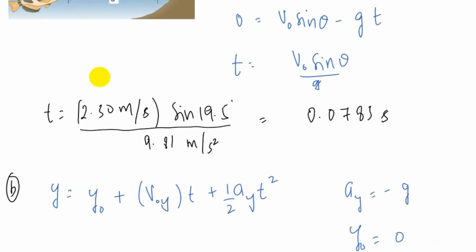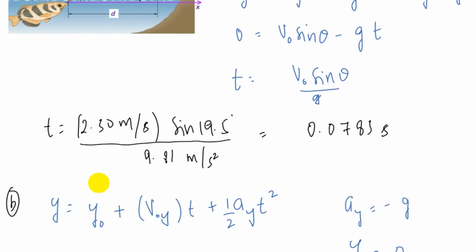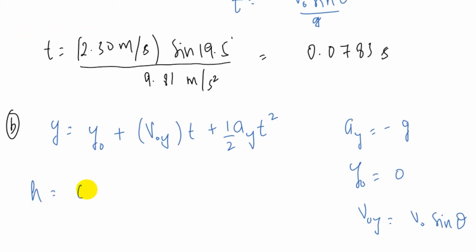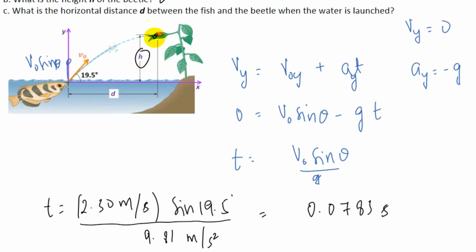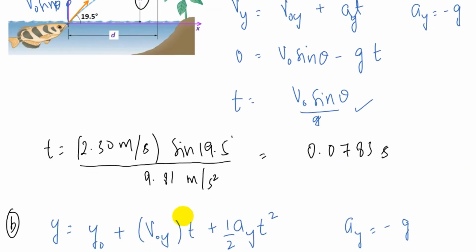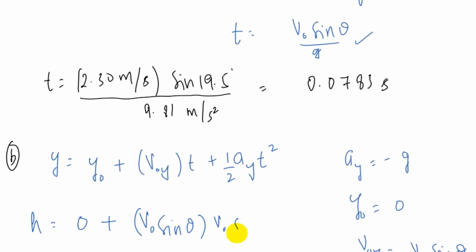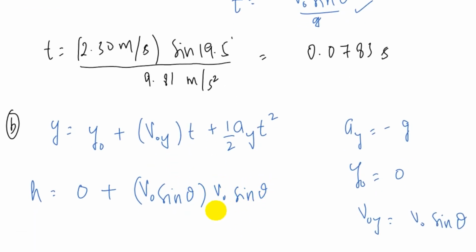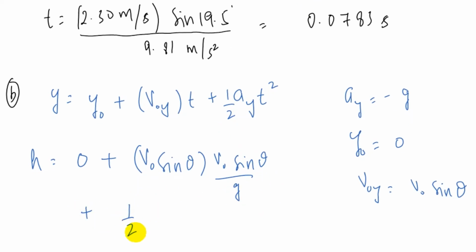Now y in this case will become h. So h equals 0 plus V0 sine theta times t. Now at this point we calculated the time, so we can put it here. This is V0 sine theta over g, this is t, plus 1/2 ay, which is minus g, times t squared, where t is V0 sine theta over g, and its whole square.